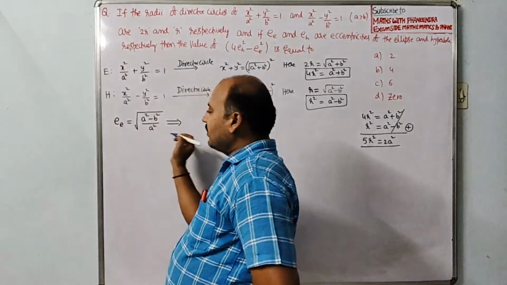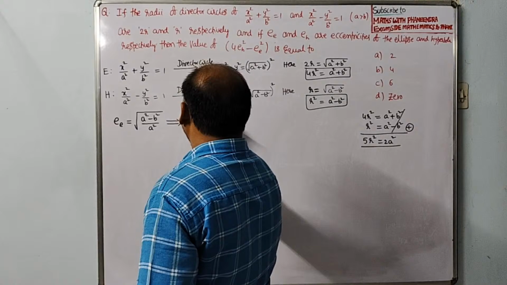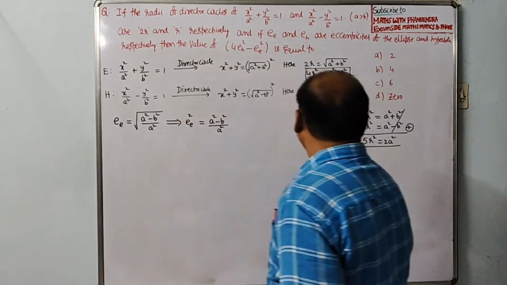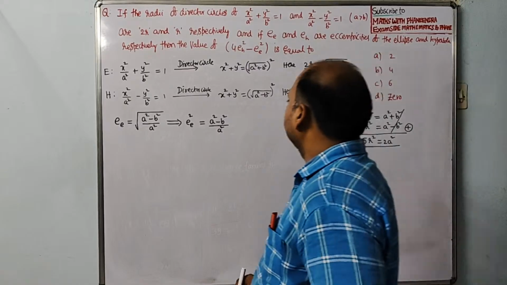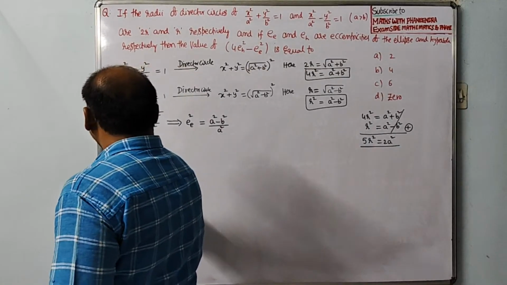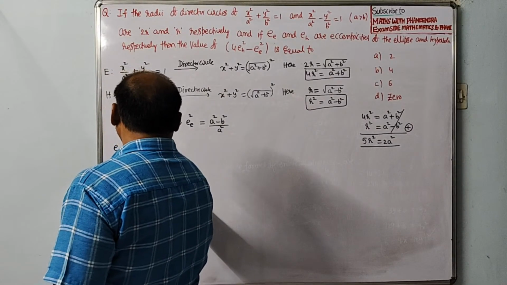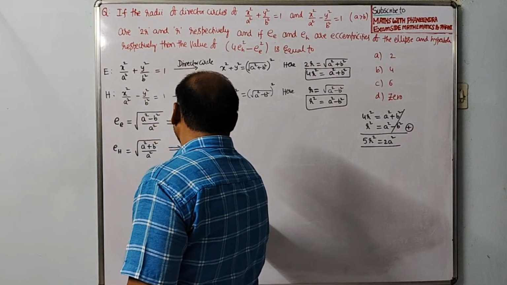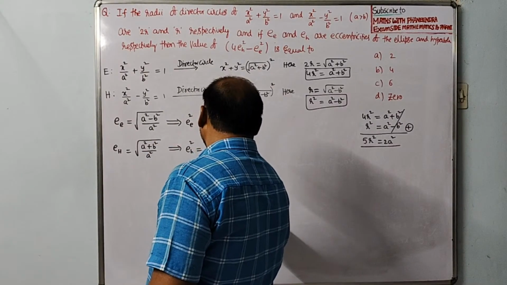Squaring on both sides, EE square is equal to a square minus b square divided by a square. Next, EH is equal to root of a square plus b square divided by a square. So EH square is equal to a square plus b square divided by a square.